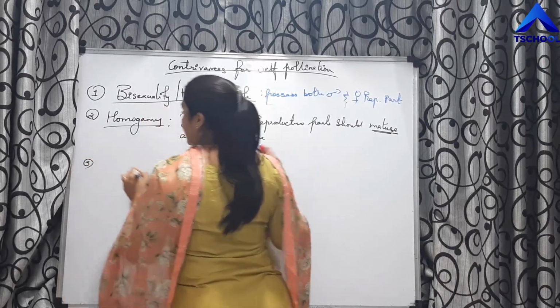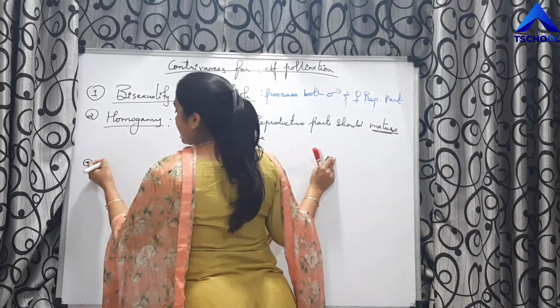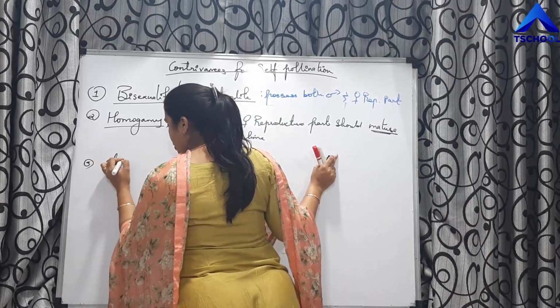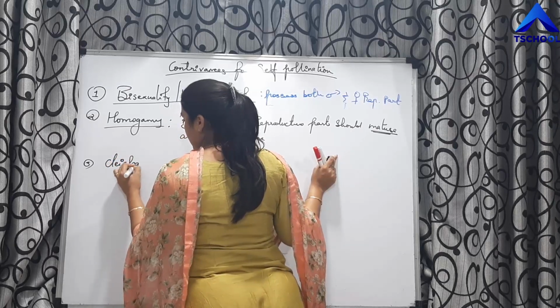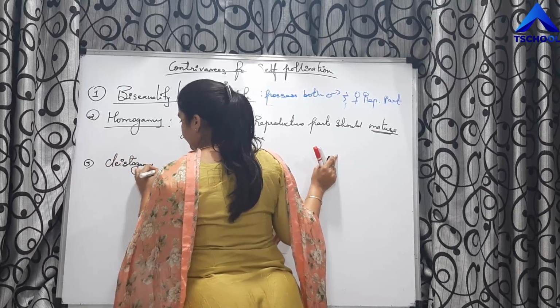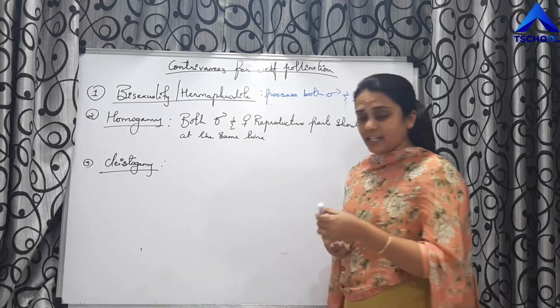Then the third one is that some plants possess cleistogamous flowers. So the adaptation or contrivance is called cleistogamy. What is the meaning of cleistogamy?